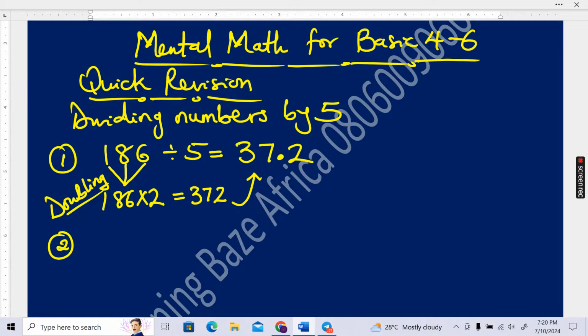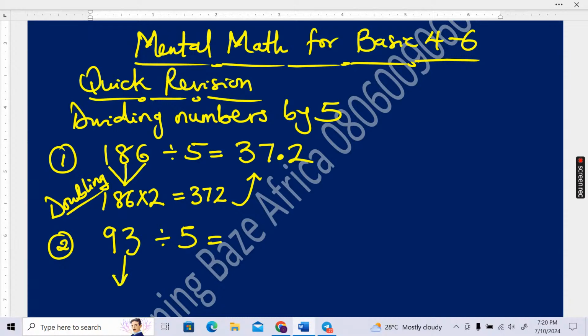Now, another revision of the same concept. How do you quickly divide 93 by 5 in your head, without using your pen and book and without using a calculator? Just double 93.